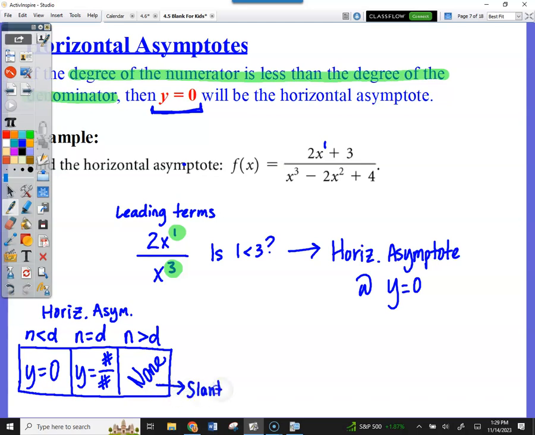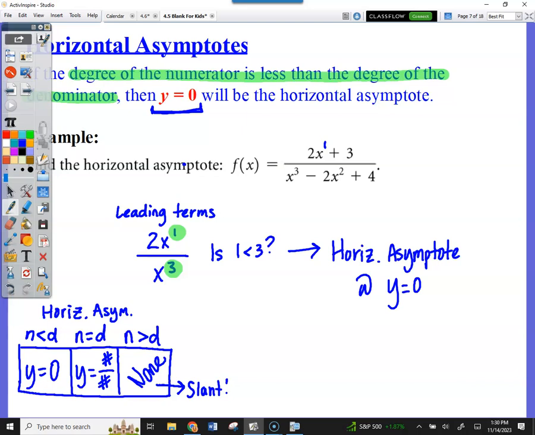Instead, there is a slant, or oblique. They're the same thing. Keep those words synonymous. So if the numerator is greater than the denominator degree-wise, there is no horizontal asymptote. Instead, there is a slant.